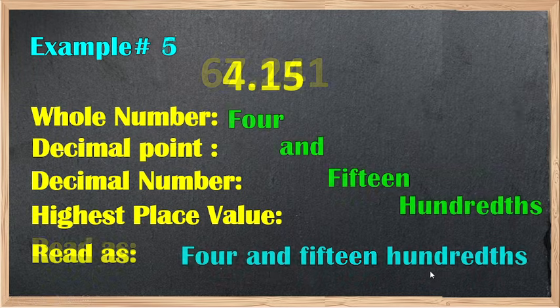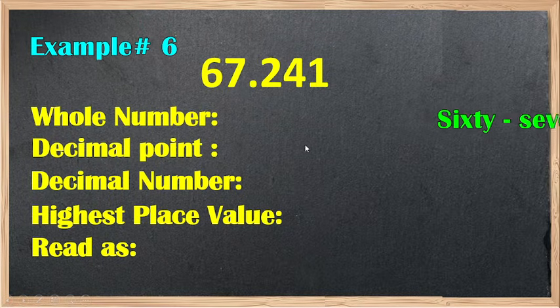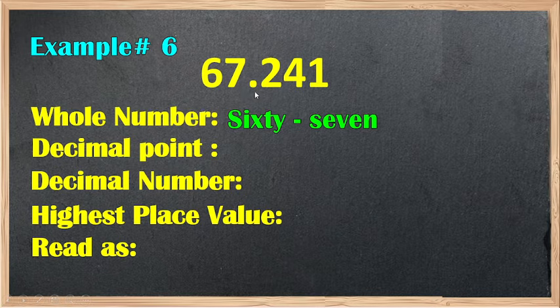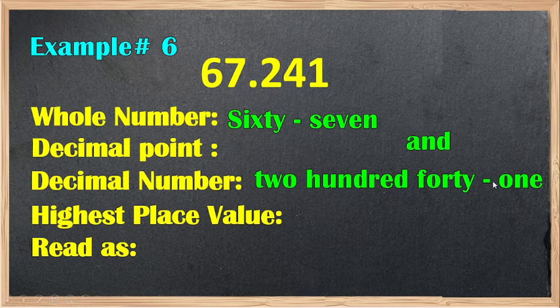Okay? Now, the next example. We have a two-digit whole number. So, read the whole number first. We have 67. We have the decimal point, read as "and." And then we have 241. Read the decimal digits as 241.